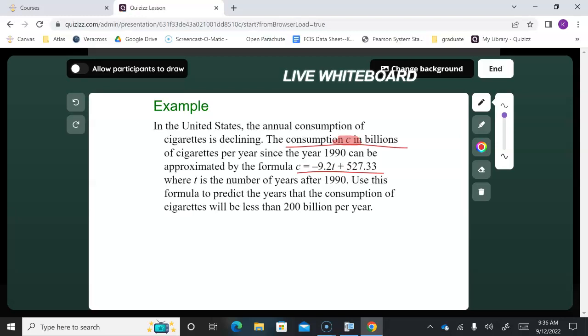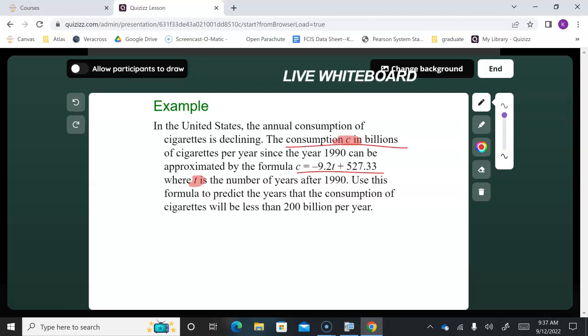T is the number of years after 1990. So if the year is 1992, what is T? If T represents the number of years after 1990, what is T in 1992? 2. What is T in the year 2000?